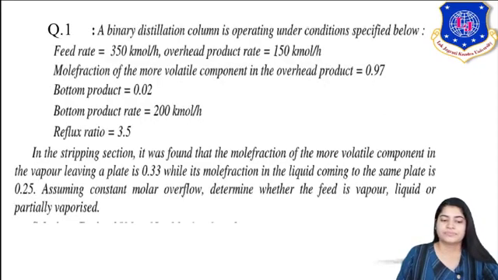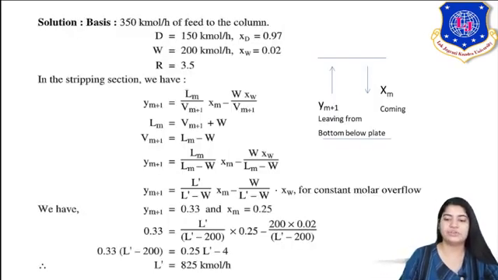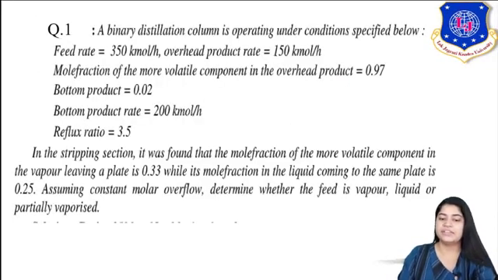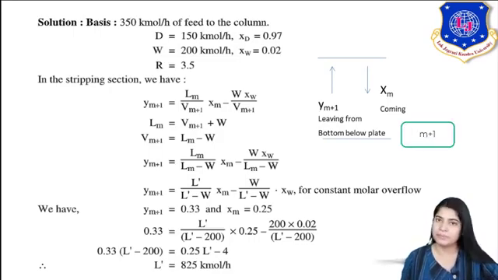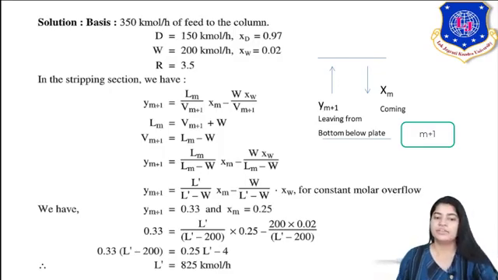Here it is given that the mole fraction of the more volatile component in the vapor leaving a plate is 0.33. Suppose I am taking the plate below. The vapor leaving composition is Ym+1. And the mole fraction of the liquid coming to the same plate is Xm, the composition of liquid coming to this plate below. So Ym+1 is the vapor leaving the m+1 plate, and Xm is the liquid coming to that m+1 plate.